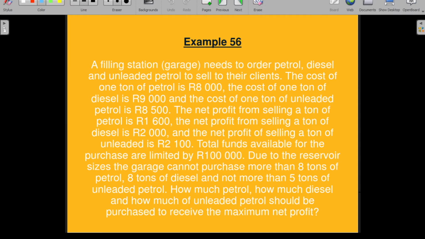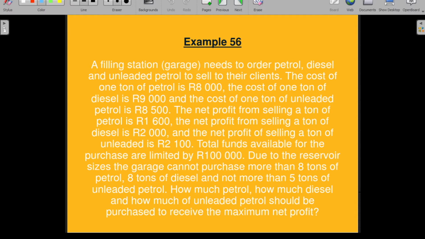So example 56 is a follow-up of example 55, but you will see that now we have more than two decision variables. A filling station needs to order petrol, diesel, and unleaded petrol to sell to their clients. The cost of 1 ton of petrol is 8,000 rands, the cost of 1 ton of diesel is 9,000 rands, and the cost of 1 ton of unleaded petrol is 8,500 rands.